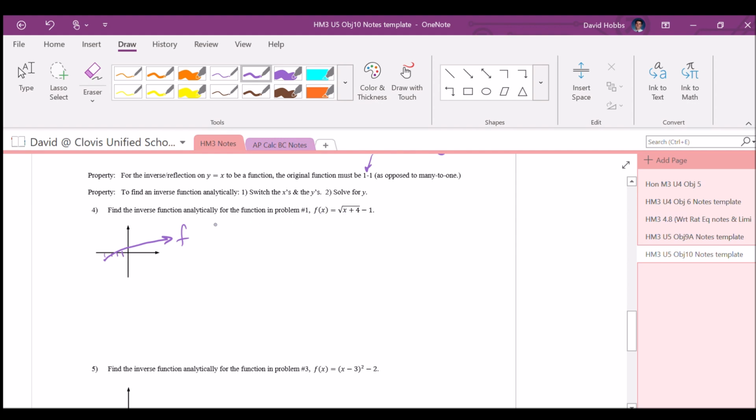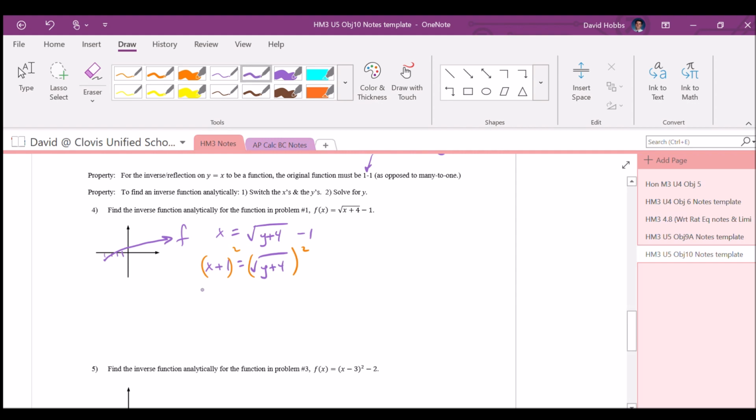F of x is a y, so x equals root y plus 4 minus 1. Solve for y. Okay, so I'm going to add 1. X plus 1 equals root y plus 4. And I'm going to square both sides, because that's what we do to get rid of the radical there.